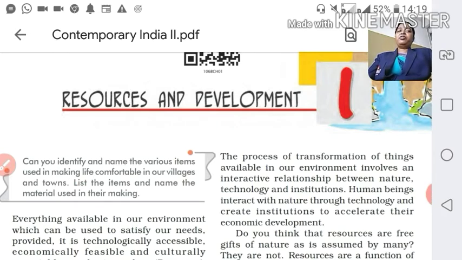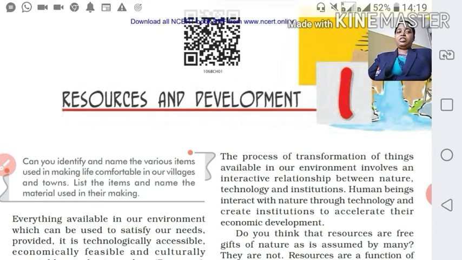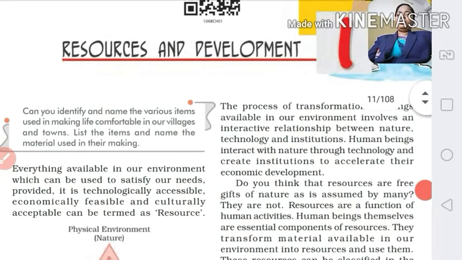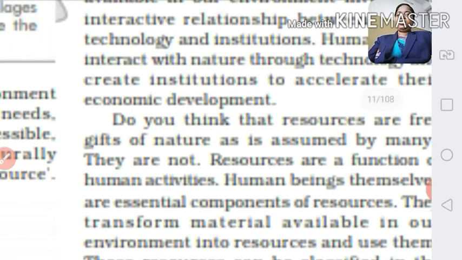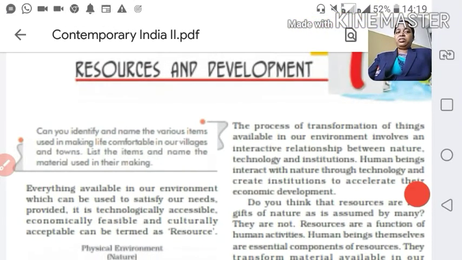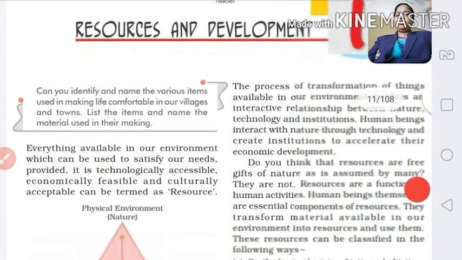So today we are going to start our online classes on the subject matter of geography of class 10th, and the subject topic is resources and development. As we know before, what is resources? Resources are those by which we get our needs fulfilled, right?